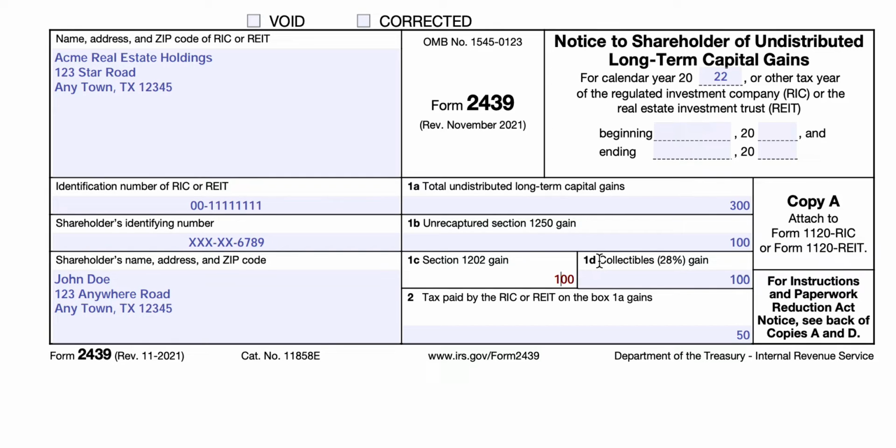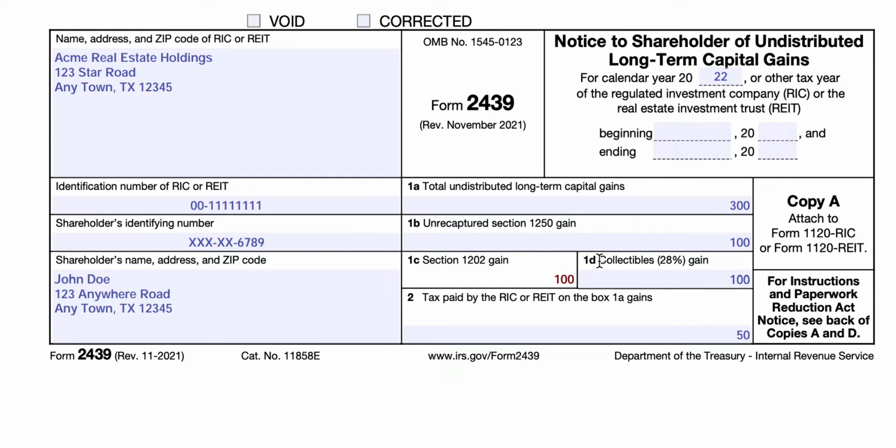And then in Box 1D, collectibles have a separate tax treatment regardless of holding period. So when we talk about long-term capital gains, we're talking about gains on assets that were held for at least 1 year plus 1 day. Anything that's 1 year or less would be considered a short-term capital gain and subject to treatment as ordinary income.